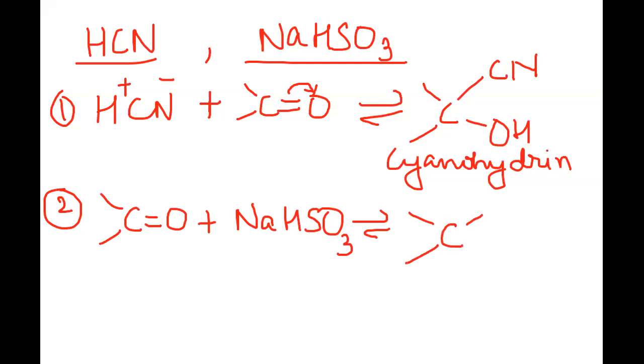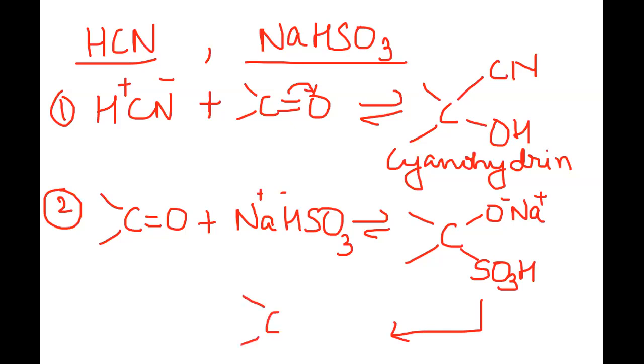In the case of NaHSO3, it is the Na plus that will be obtained, and this is HSO3 minus. So it is the O negative Na plus, and here you get the SO3H. After this, immediately there is going to be a proton transfer and a kind of rearrangement. The proton transfer occurs, and this compound changes into COH and SO3Na.